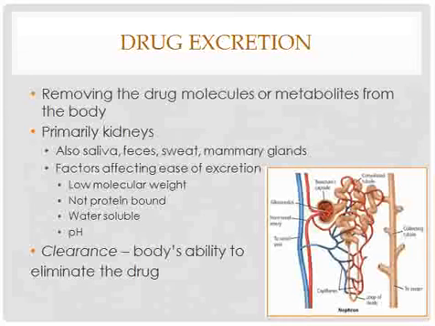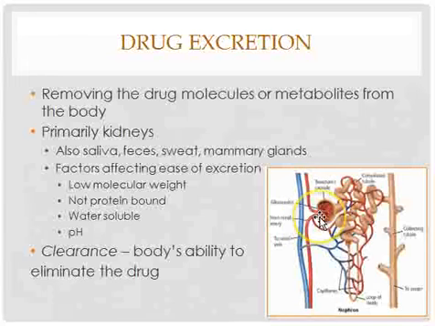So clearance is the term we give for the body's ability to ultimately eliminate the drug, and that can have specific calculations around it, which we're not going to get into. But basically, just as a reminder here, we've got our arteries taking blood flow to our kidneys, so this would be the Bowman's capsule with the glomerulus.